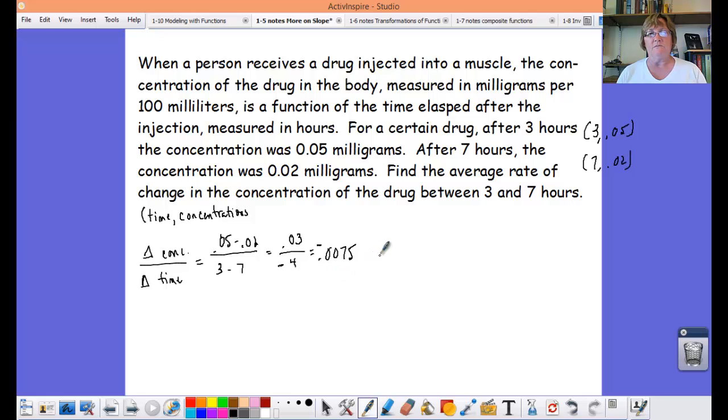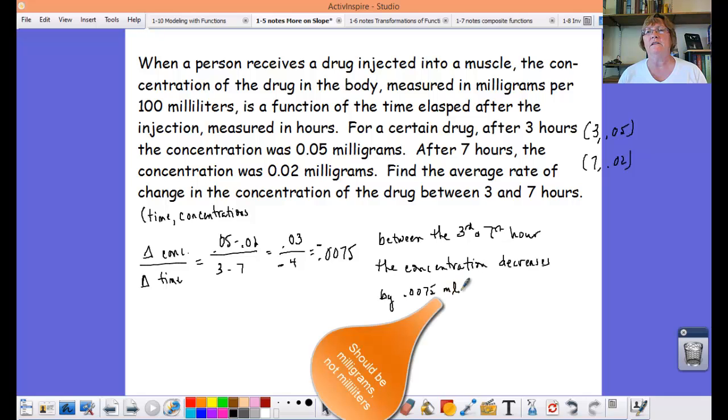In words, between the 3rd and 7th hour, the concentration decreases by 0.0075 milliliters per hour. That's the average rate of change. Very good.